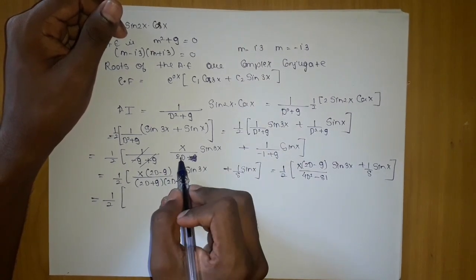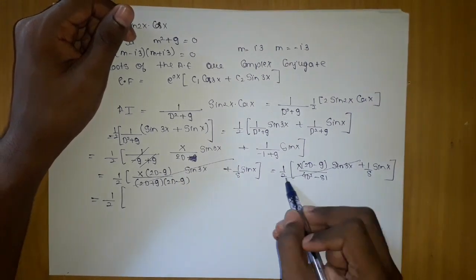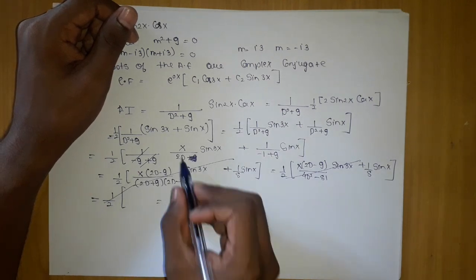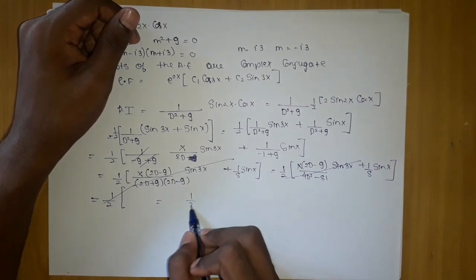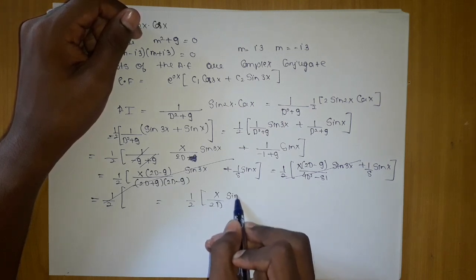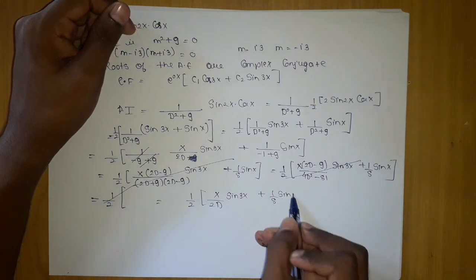So we are left with 2D as it is. We are not going to do this step. The 2D step will cancel out, and we are finally going to end up with 1 by 2 x by 2D into sin 3x plus 1 by 8 sin x.